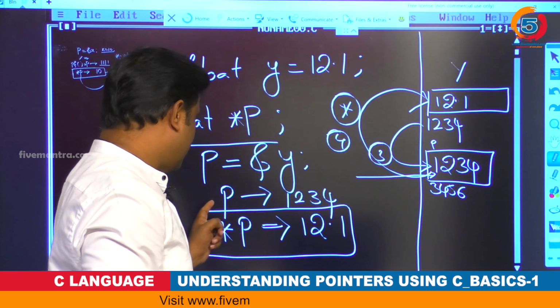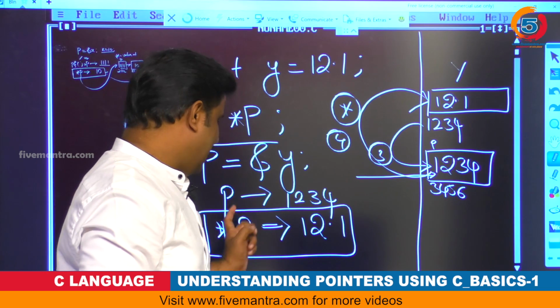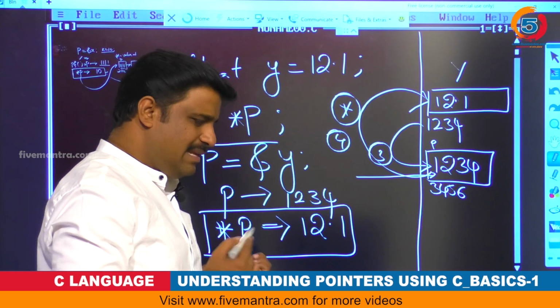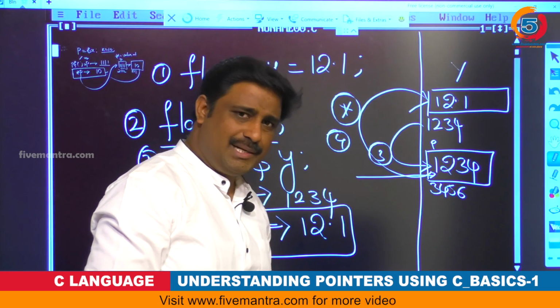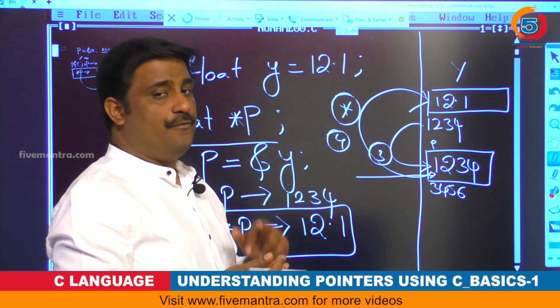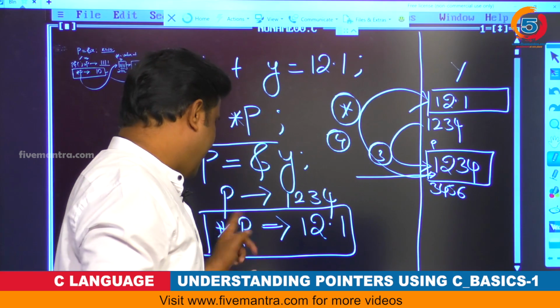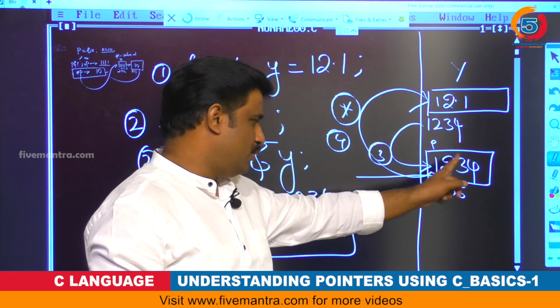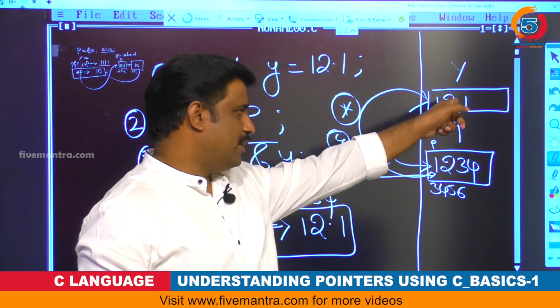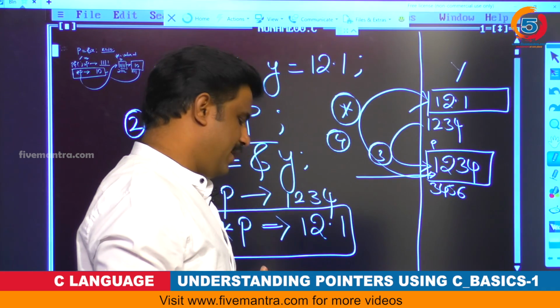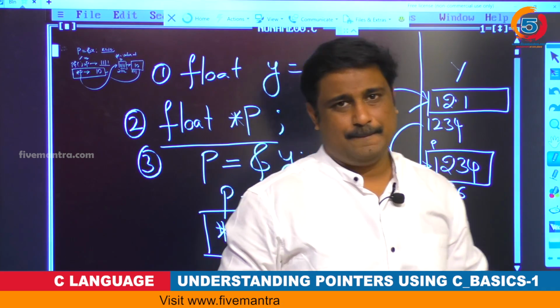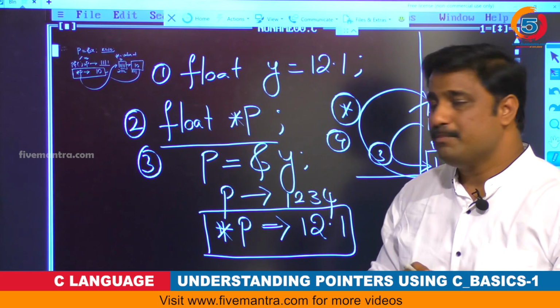Because of that I am working with the asterisk. With the help of this, we call it the indirection operator or asterisk or value at. It is better to go with value at. Value at p, that is value at 1234, is this one. Value at p is 12.1. That 12.1 will be printed. Okay, this is the simple one, right?